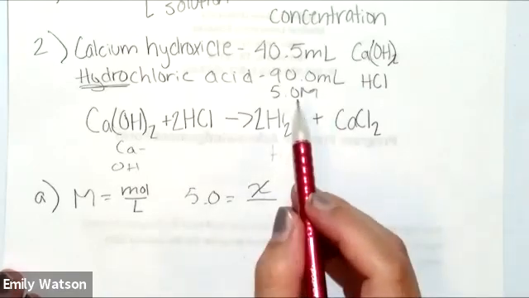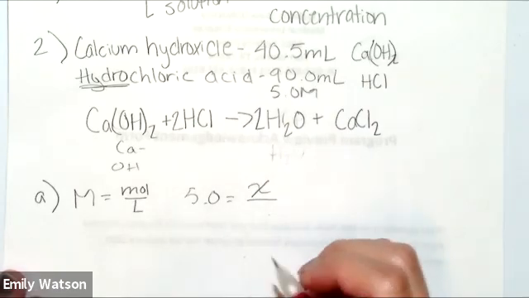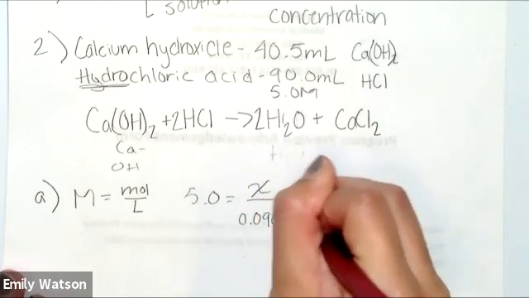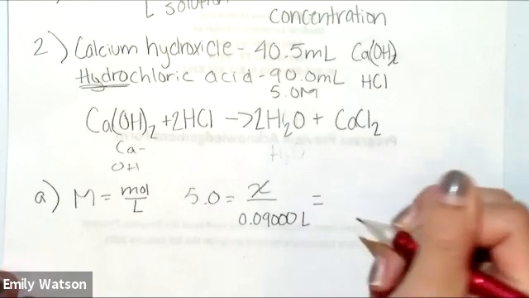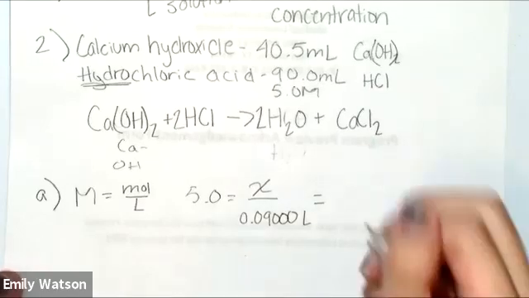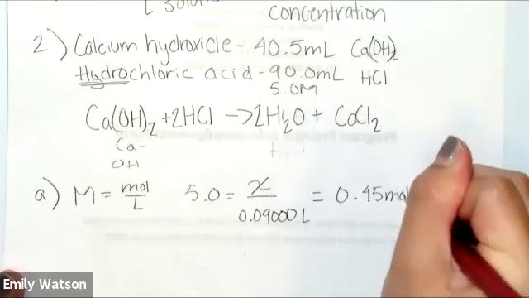What is 90.0 milliliters in liters? How many moles is that? 0.45 moles.